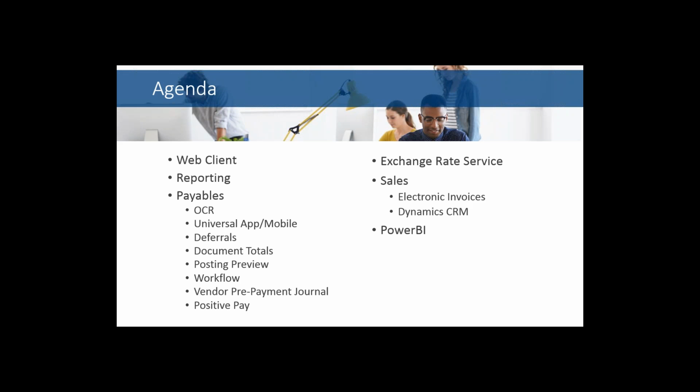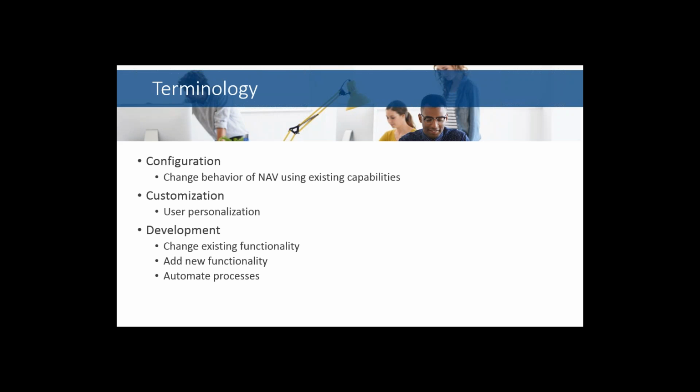With that, one more thing, I'm trying to standardize my terminology here when I talk about the types of capabilities within NAV. When I say configuration, I'm talking about using existing capabilities in NAV, so maybe dimensions or something like that. So no customization and no development involved.